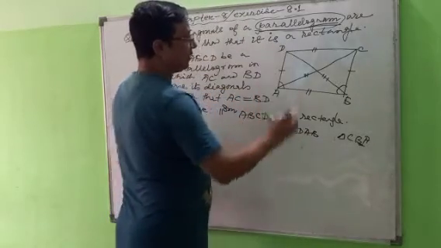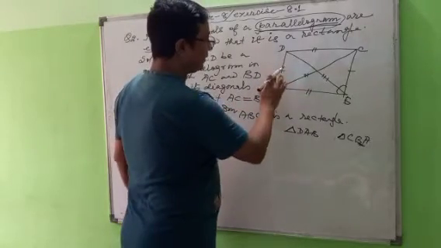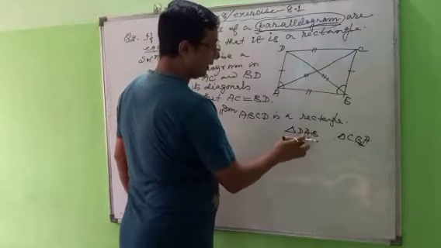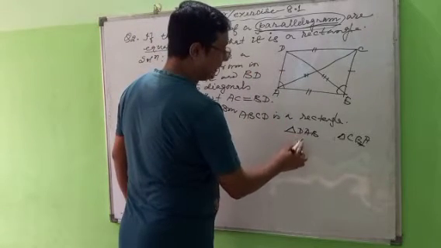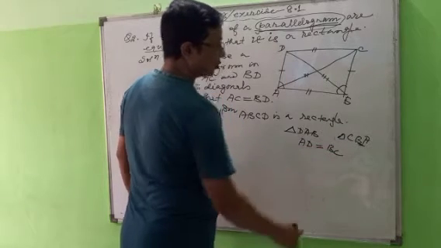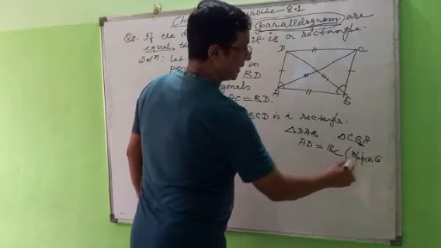Now the given figure ABCD is a parallelogram. For this, the opposite sides are equal.